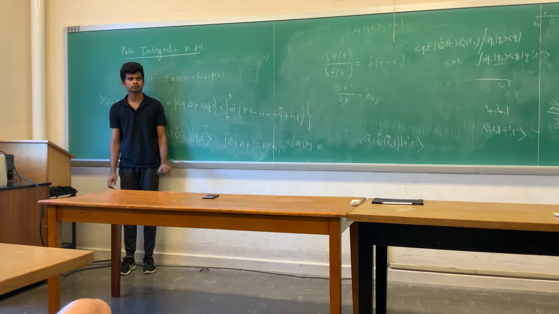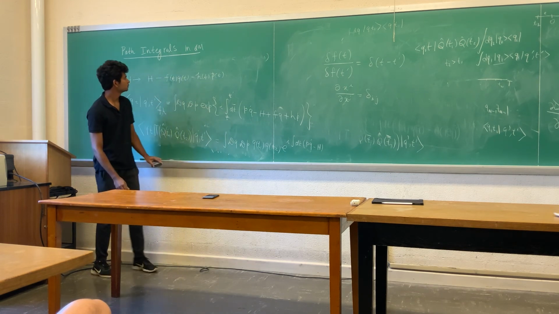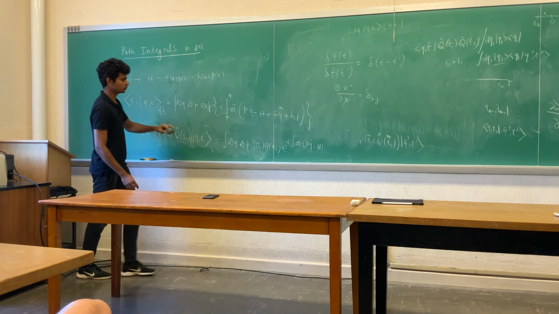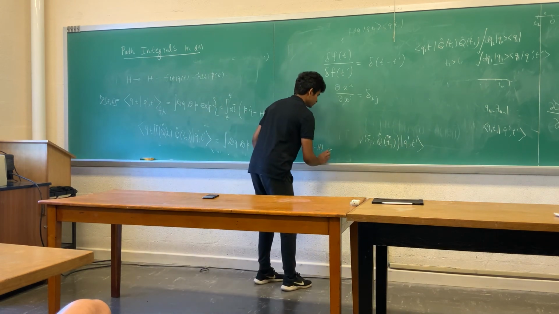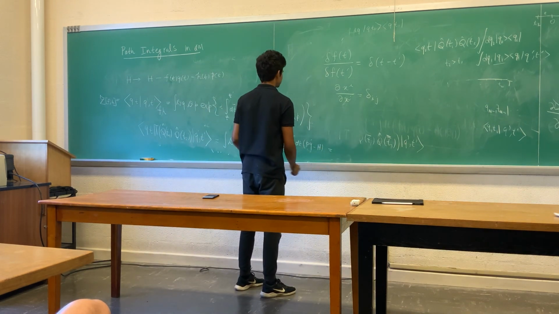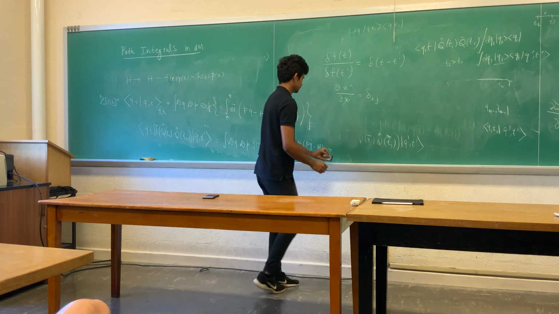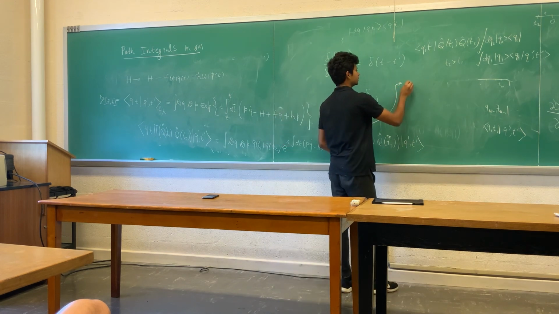Is that the new H? Or is that the old H without the F, Qs and H? This is just the old H. So how do I get this from this?